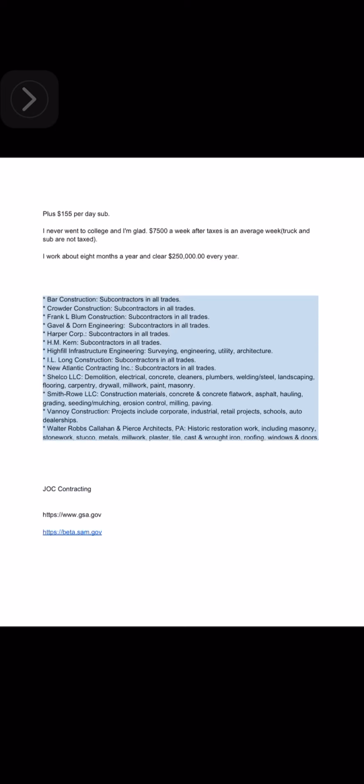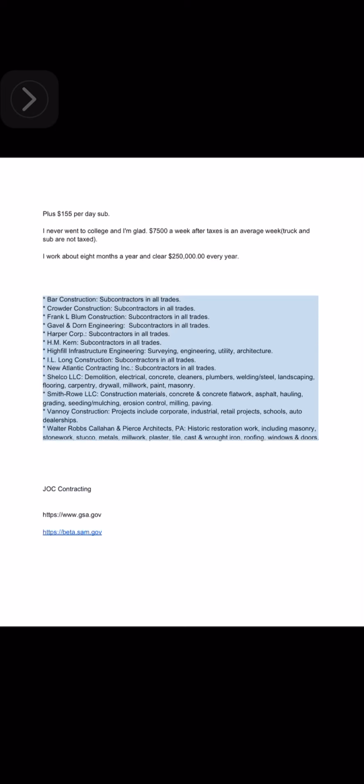New Atlantic Contracting Incorporated, subcontractors in all trades. Shellco LLC: Demolition, Electrical, Concrete, Cleaners, Plumbers, Welding, Steel, Landscaping, Flooring, Carpentry, Drywall, Millwork, Paint, Masonry. Smith Rowe LLC: Construction Materials, concrete and concrete flatwork, asphalt, hauling, grading, seeding, mulching, erosion control, milling, paving.